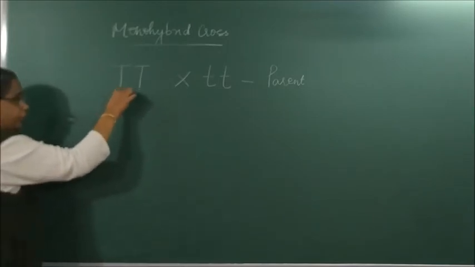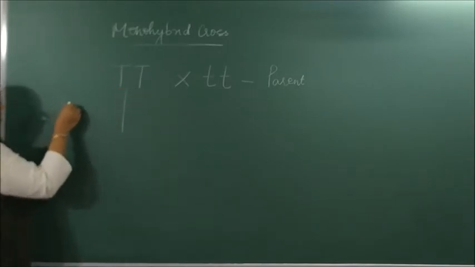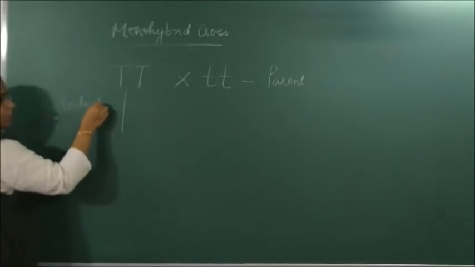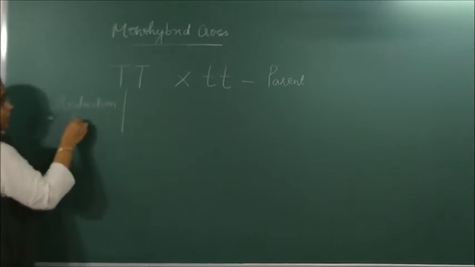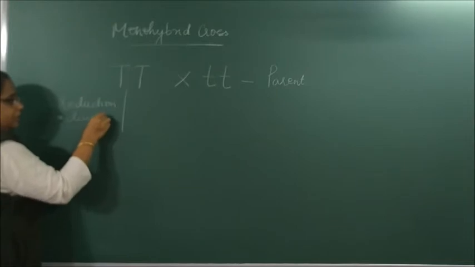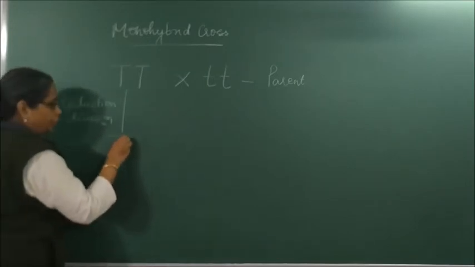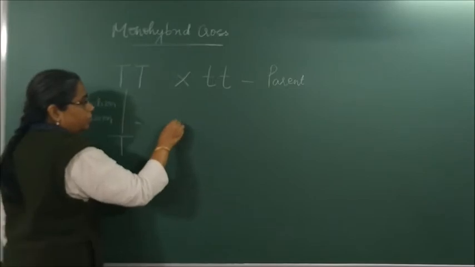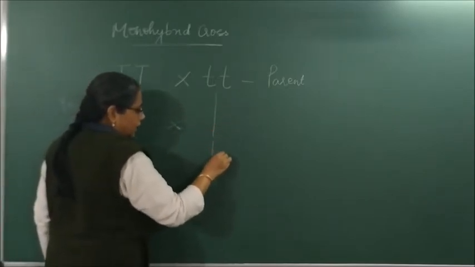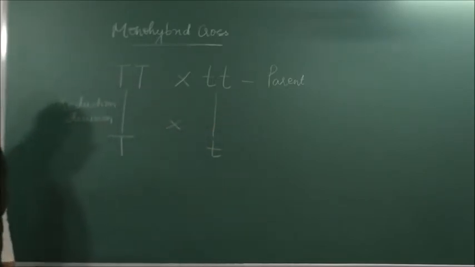When it reproduces, what division happens? Meiotic division, or reduction division, happens. Why reduction division? Because the number has to become half. Did we study? The 23 pairs become what? 23, so one half. This becomes T. Here also there will be reduction division and it will become small t. Correct?